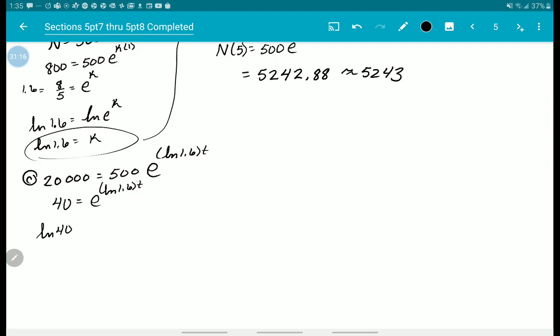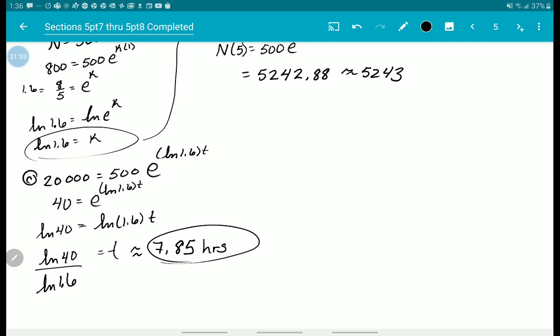And when I take the ln of this side, I'm left with just that exponent. Divide both sides by the ln of 1.6. So there's our exact value. And that is approximately 7.85. And this would be an hour, since all of our time's in hours.